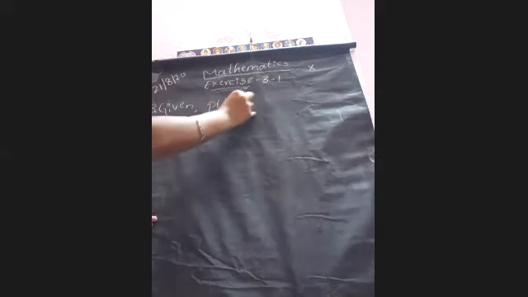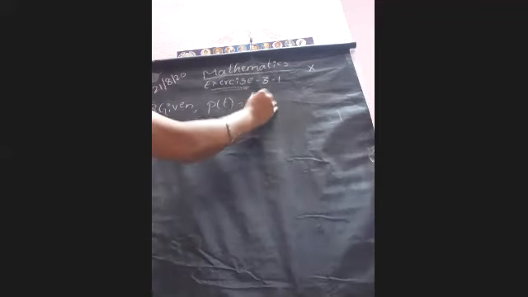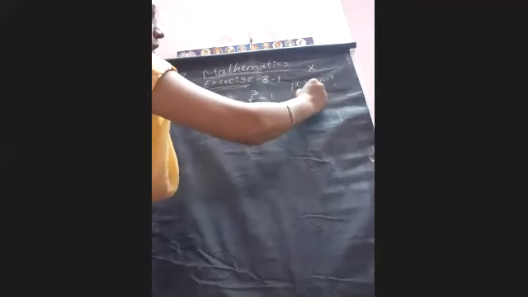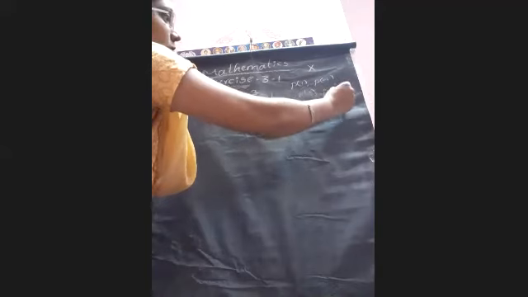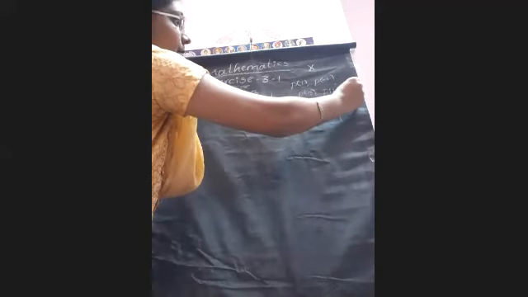Given P of t equals t cube minus 1. In the question they gave P of 1, P of minus 1, P of 0, P of 2, P of minus 2.